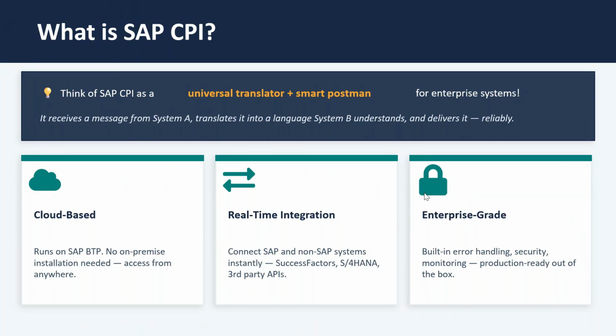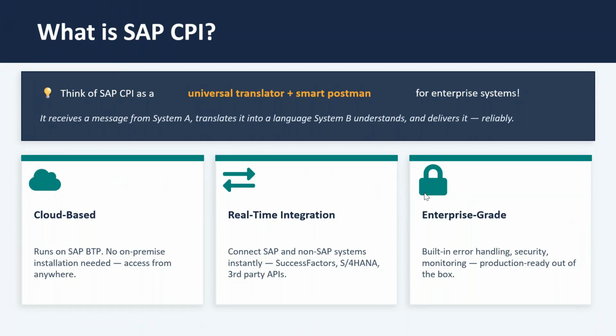So it acts as a bridge between our customer or our organization and external systems. And the capability of CPI is it can be used to connect on-premise systems to cloud systems, SAP systems to non-SAP systems, SAP systems to other SAP systems as well. There is a broad range for CPI.